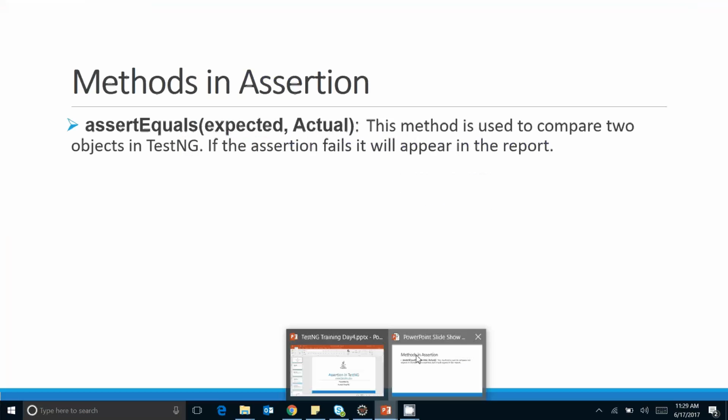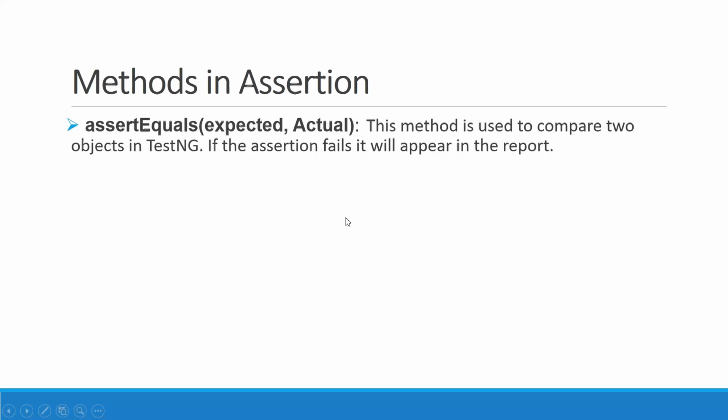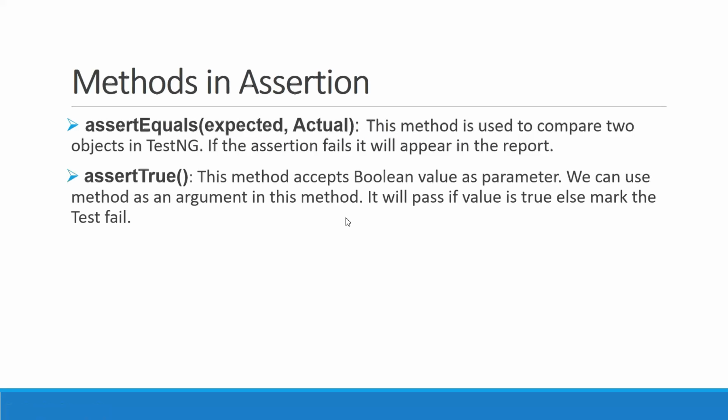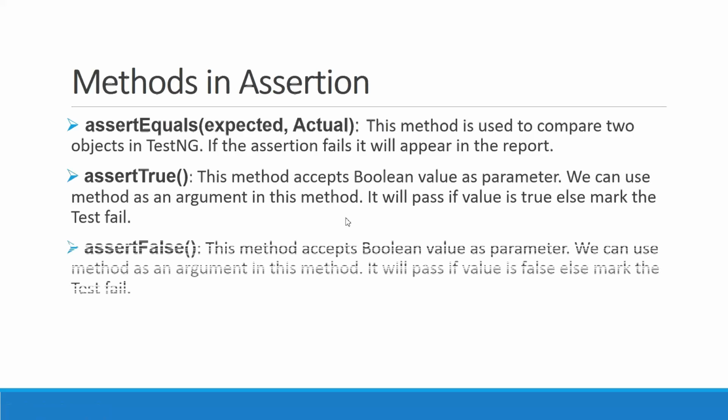Now come to our slides as well. We have seen the use of assertEquals. Now the second method is assertTrue, and the last is assertFalse. These methods accept a boolean value as a parameter. You can even pass a method as an argument.